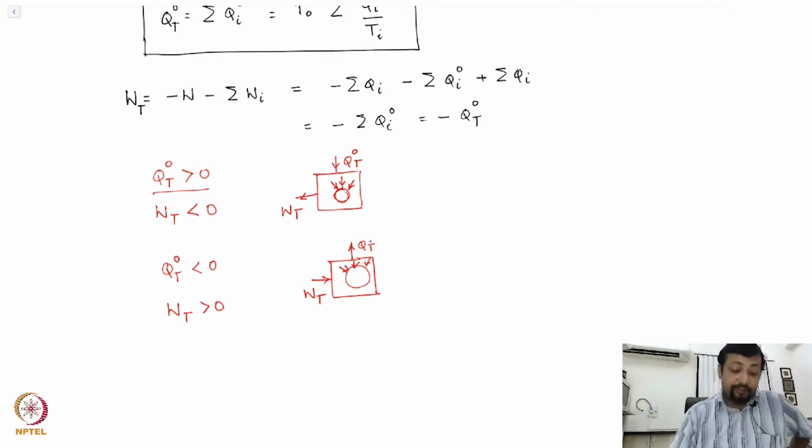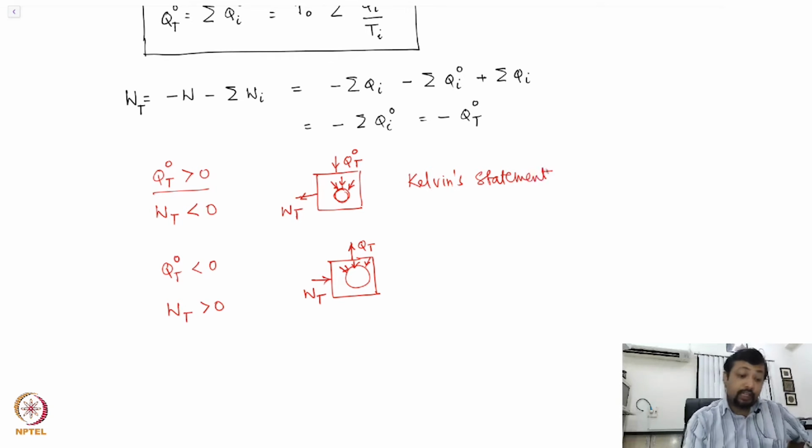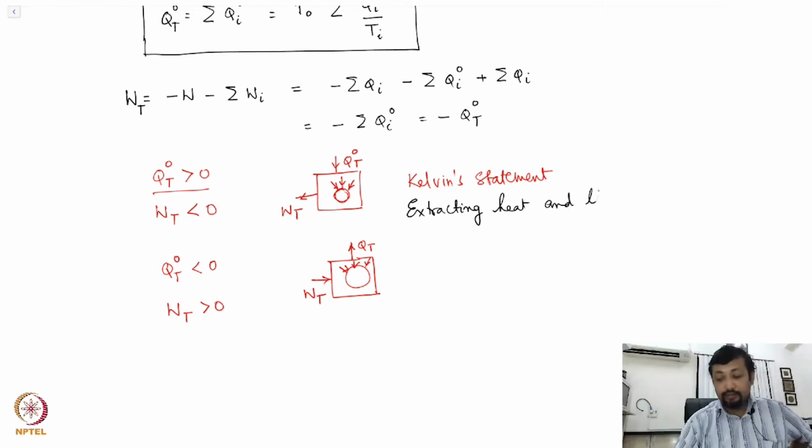Now the problem with the first thing is that if you allow this, then you violate Kelvin's statement. Why? How do you violate Kelvin's statement? Well, because you are extracting some amount of heat and then converting it completely to work.